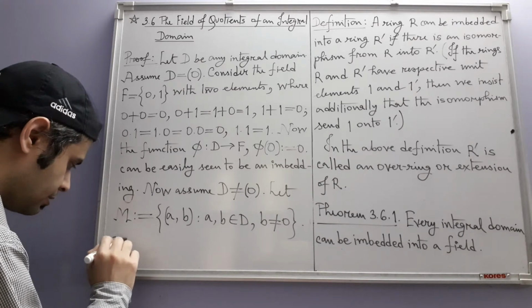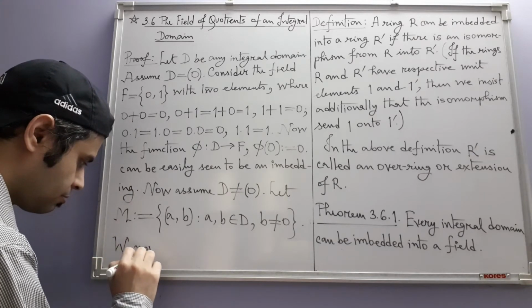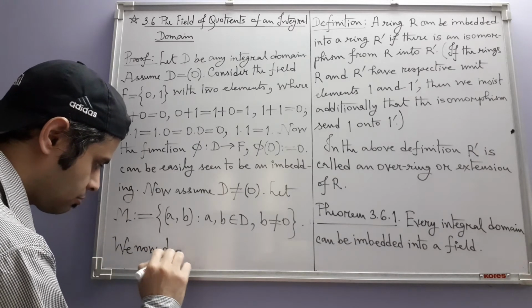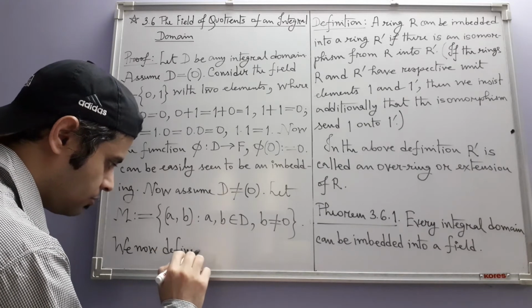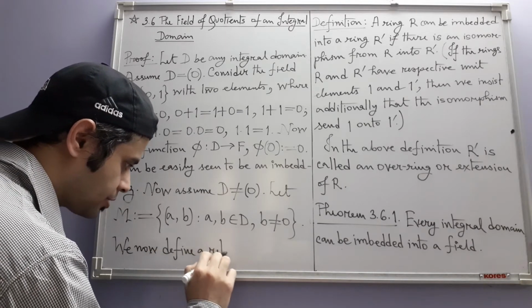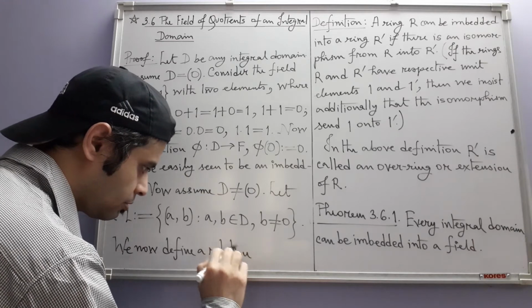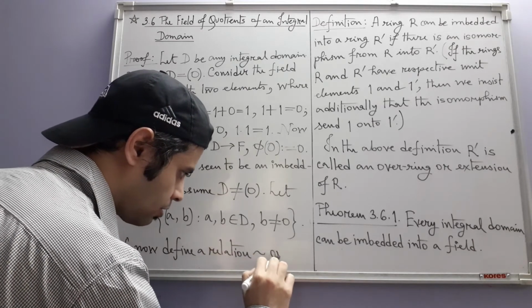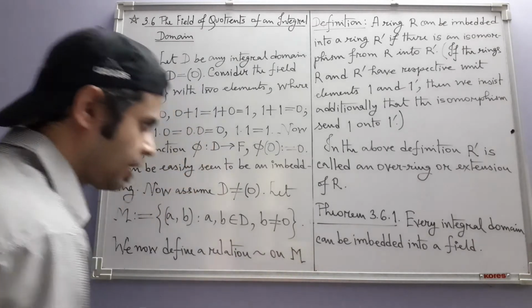I can write like this. We now define a relation tilde on M as follows.